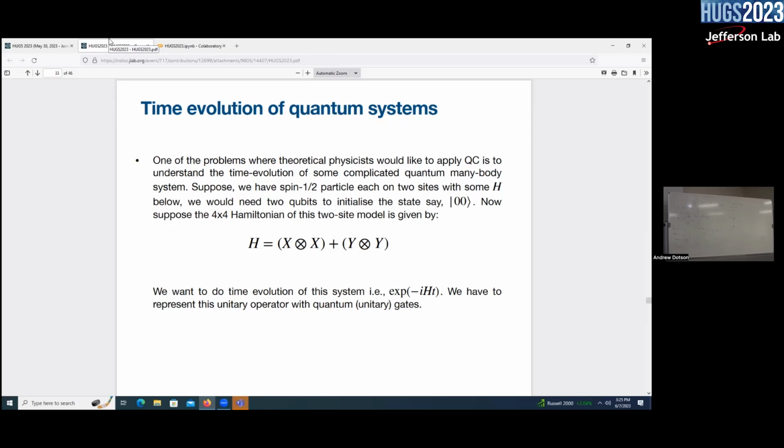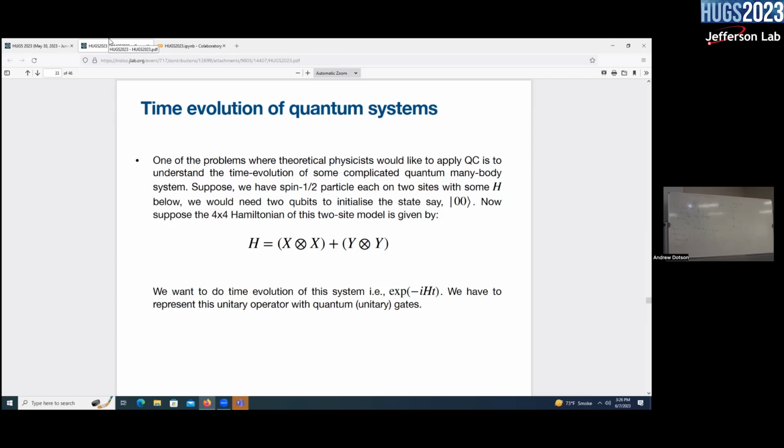The eventual goal, which most physicists want to understand, is: can I understand time evolution in real time? Not using lattice QCD in Euclidean space, where you do a Wick rotation, which is sort of a transformation. The real universe we live in is in real time. So can we do a real-time simulation of some interacting field theory?